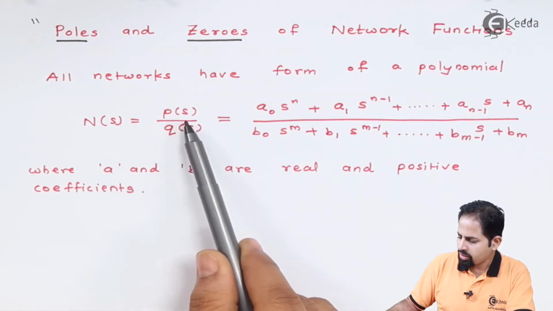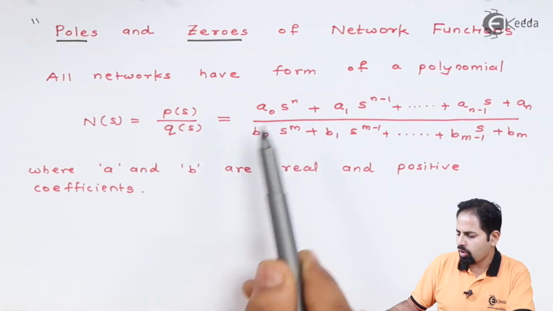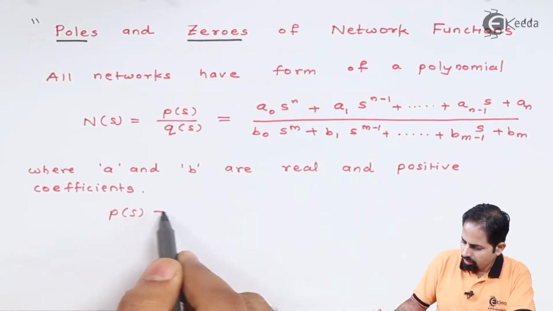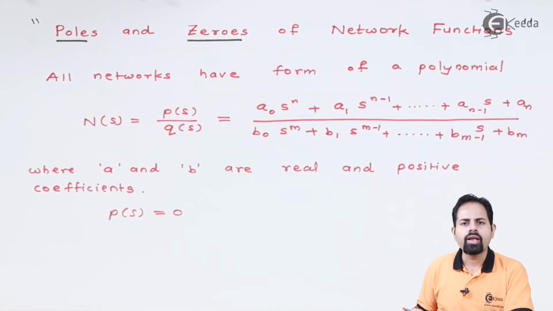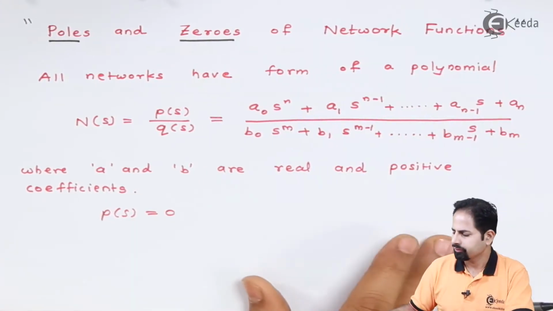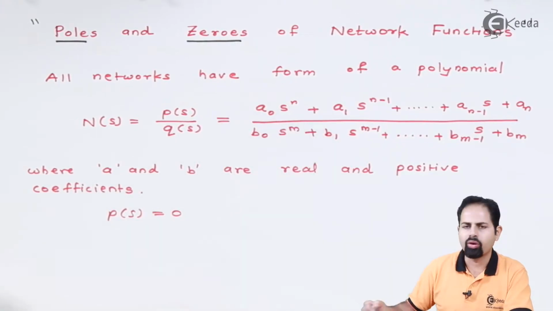Now suppose this P of s is 0, then it will have certain roots because it is a polynomial of a particular order, suppose order n.